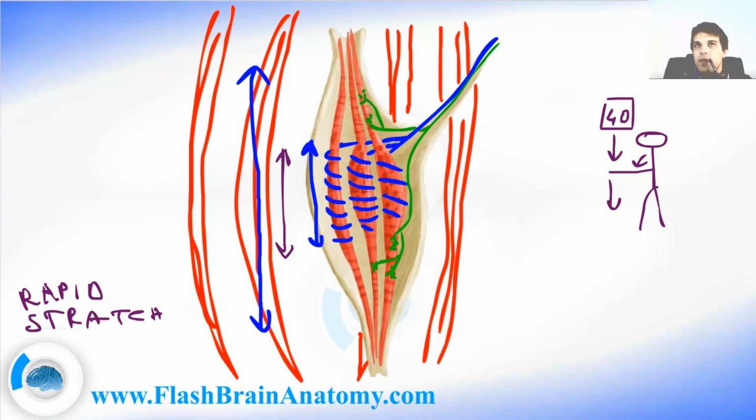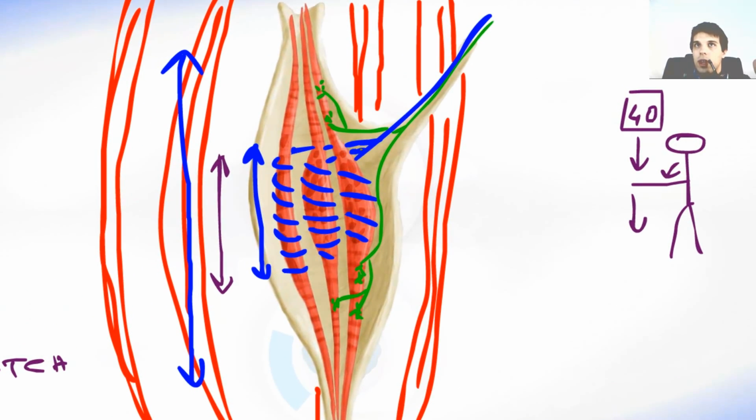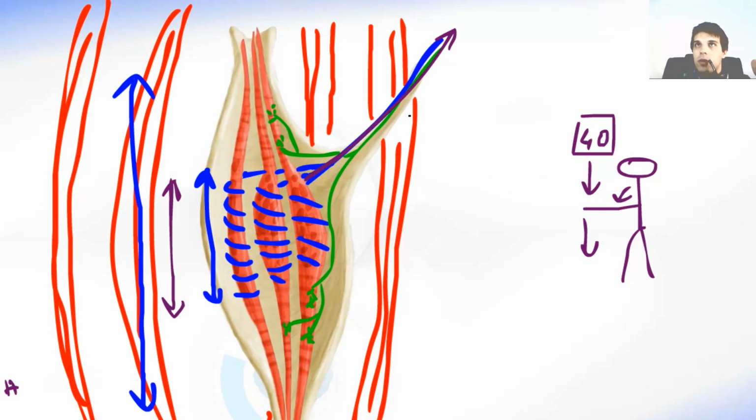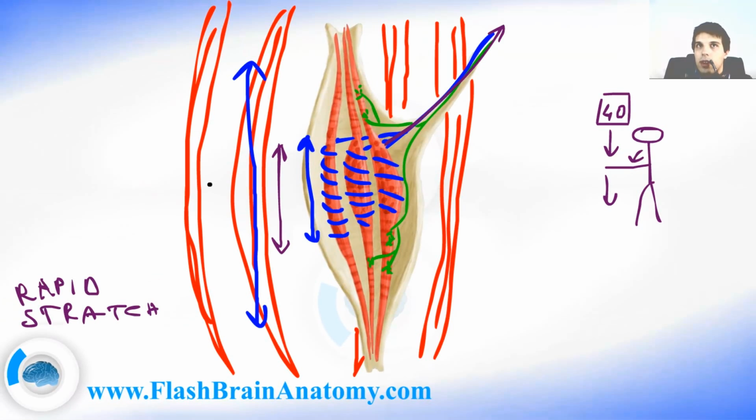And because the intrafusal muscle fibers are attached to the intramuscular connective tissue, they also stretch. And what they do, they convert these impulses to the signal, and they send it to the spinal cord. And in the spinal cord, this signal fires the motor neurons that are supposed to make your extrafusal muscle fibers contract.